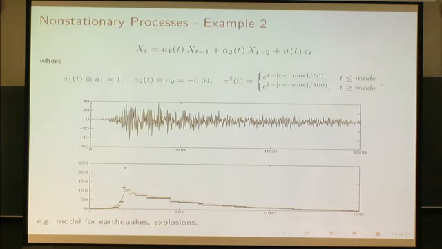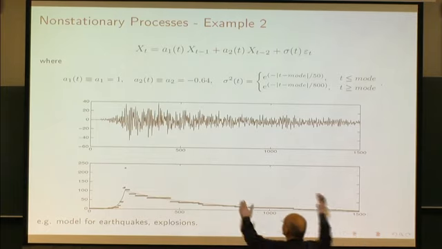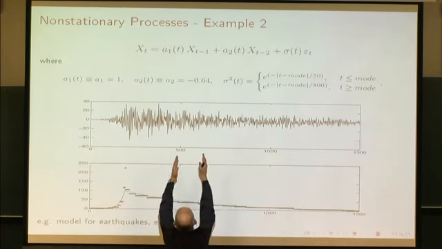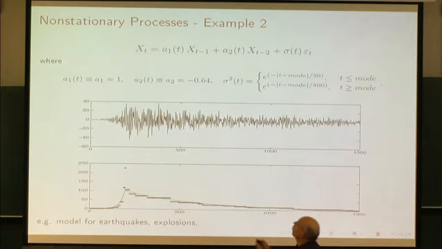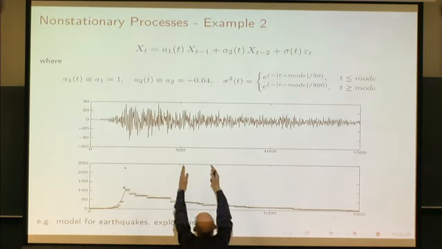Basically, local least squares: you fix some interval here, and then you do a local least squares estimator, and then you have an estimator for these parameters, basically at this point.